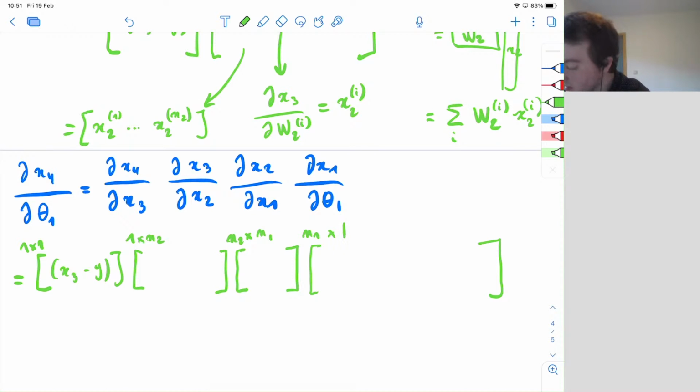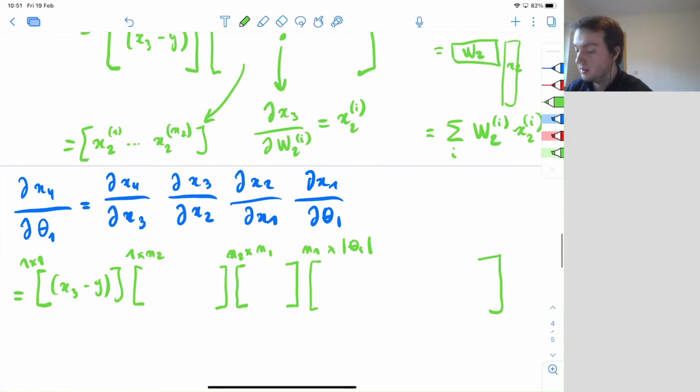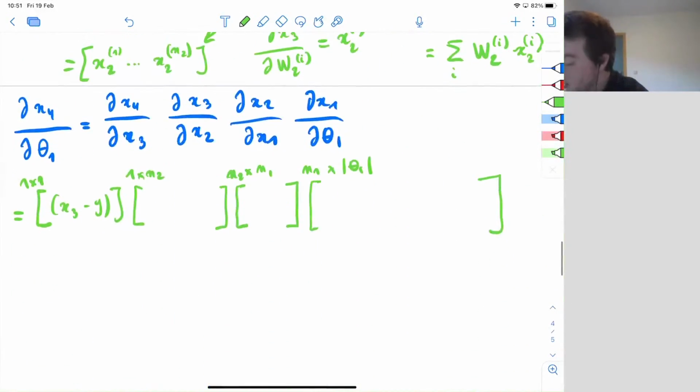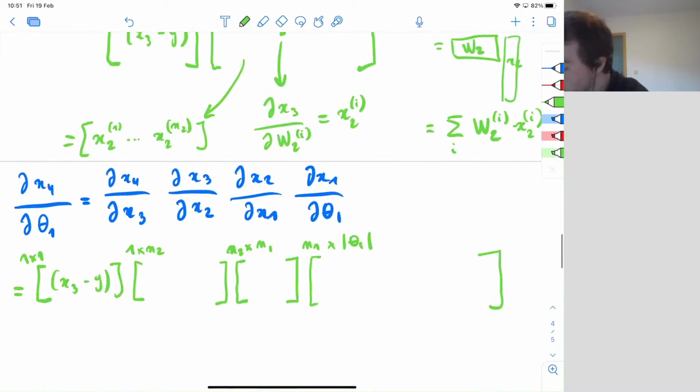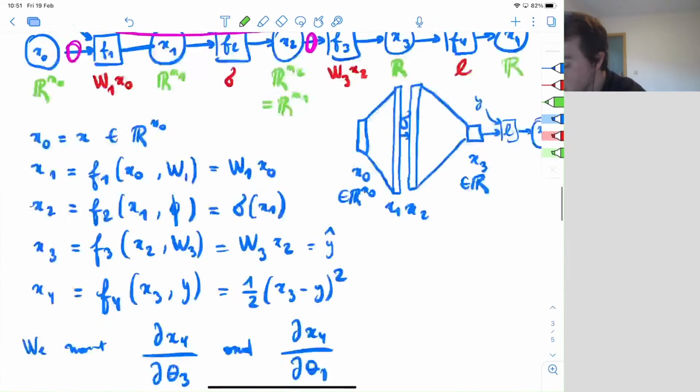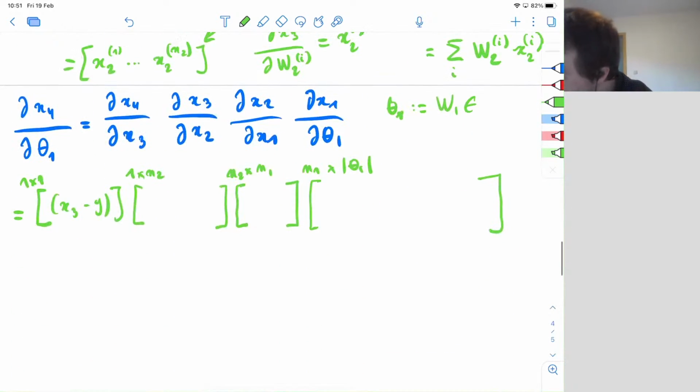And so again, I will use this notation, theta. For theta 1, I said that theta 1 was equal to some matrix W1 of size n1 times n0, such that the dimension of theta 1 is simply equal to the product n1 times n0.